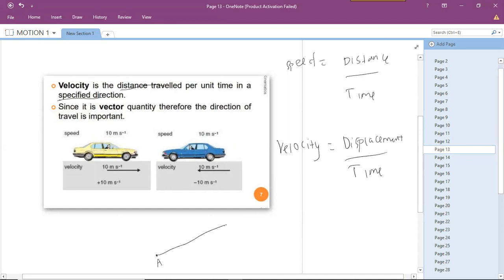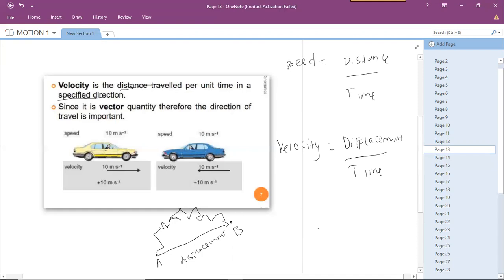Remember, displacement is a vector specifying the direction and the magnitude. While distance is just adding everything, your entire journey from start until the end, without taking into consideration the direction.